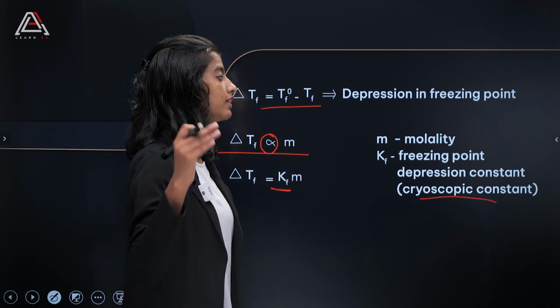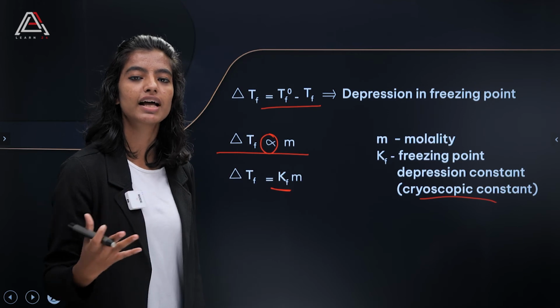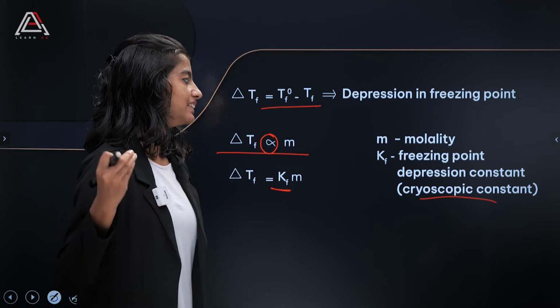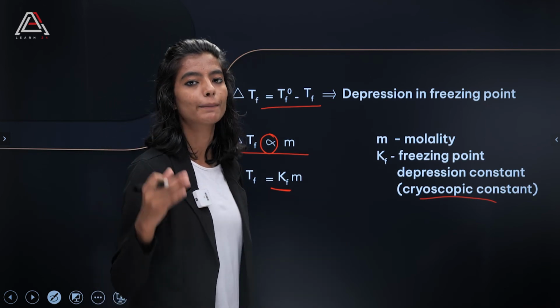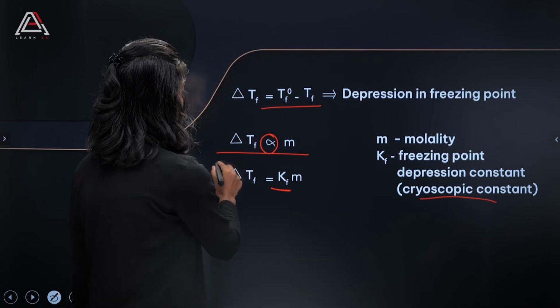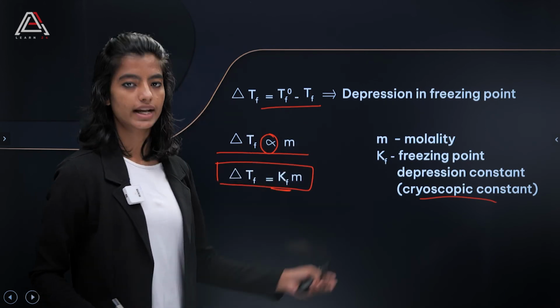What does Kb stand for? Can you remember that? Yes, it is the ebullioscopic constant, and Kf is the cryoscopic constant. Now, I got an equation: delta TF is equal to Kf into m.